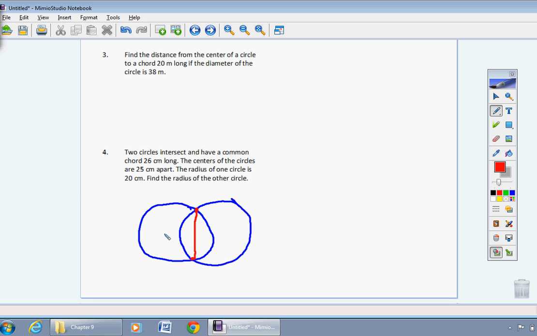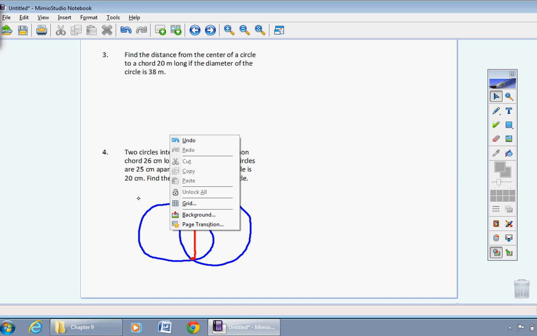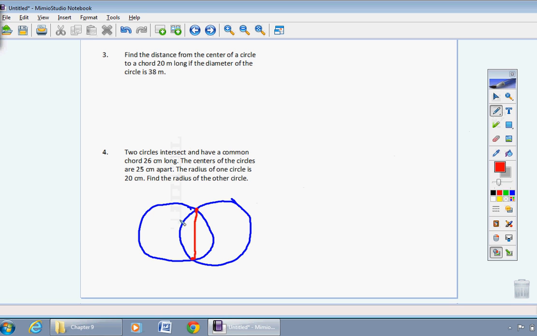And it tells us that the centers of the circles, let's say that this is the center of the one circle right here, and this would be the center of the other circle. It tells us that the centers are 25 centimeters apart. So I know that this is going to be 25.